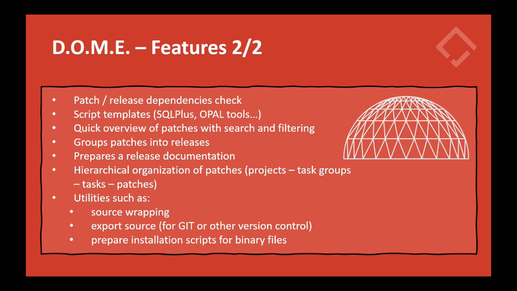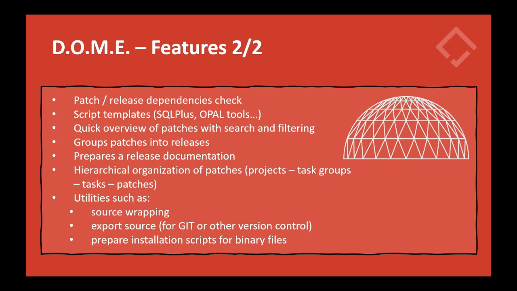Within D.O.M.E there are also some utilities such as source wrapping, for example. This utility helps you to wrap some packages and protect them from reading the source code. Also, D.O.M.E can be set up to wrap some packages automatically when the patch scripts are created.